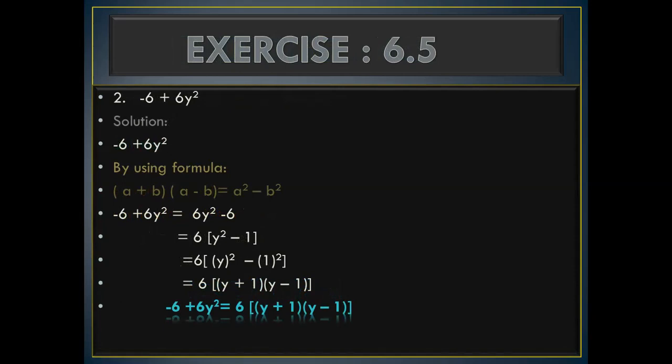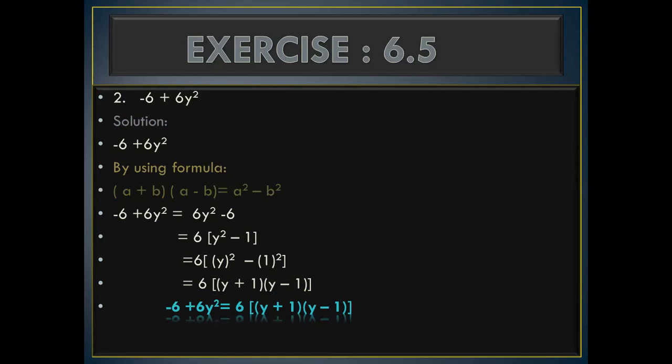But you see in this question, 6 is not the square of any number. It means we will take 6 common and then see whether we can apply the formula on the remaining term or simplify it again. After taking 6 common, y square minus 1 is left.